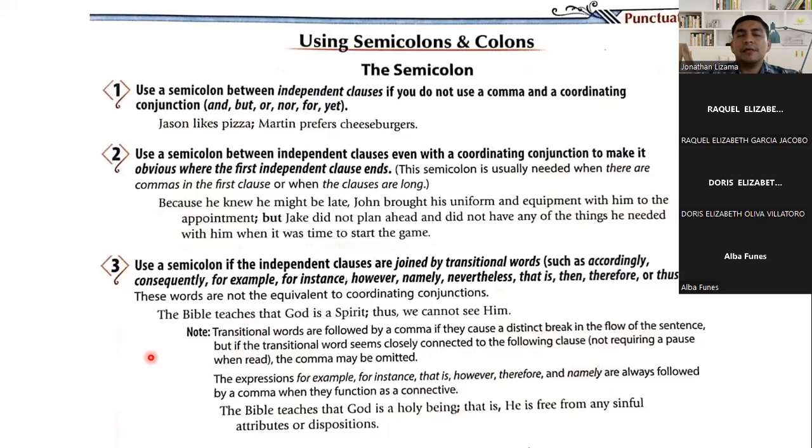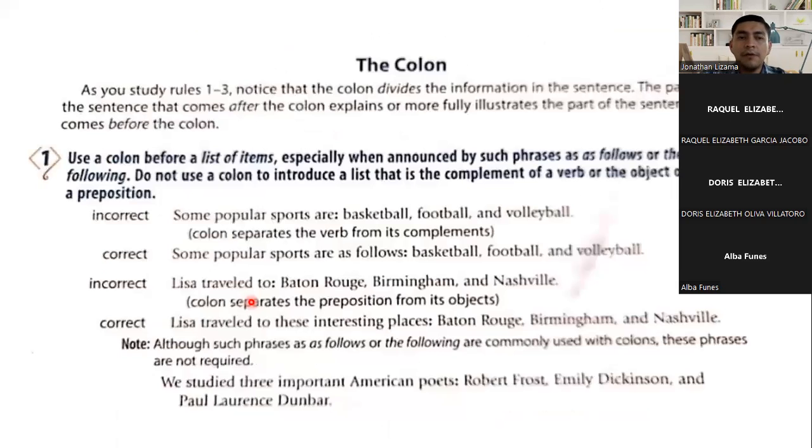Third rule, si tengo dos oraciones independientes y estoy utilizando una transitional word en medio, entonces sí yo le tengo que colocar punto y coma antes de la transitional word, coma después, y sigo escribiendo. Primeros tres usos, perdón.